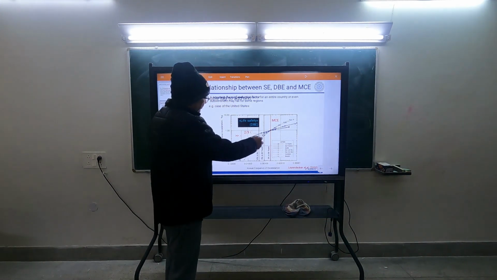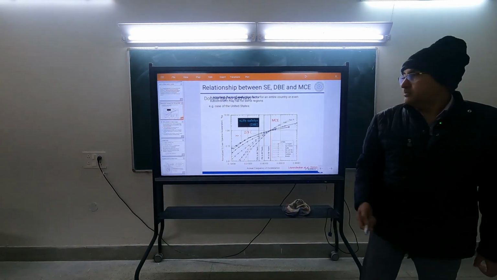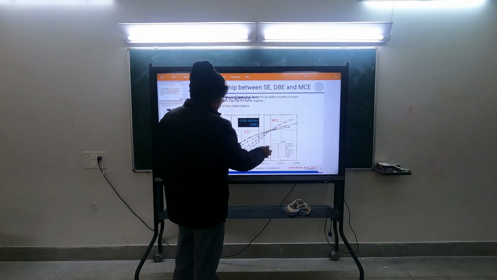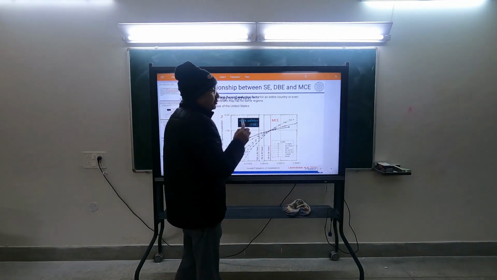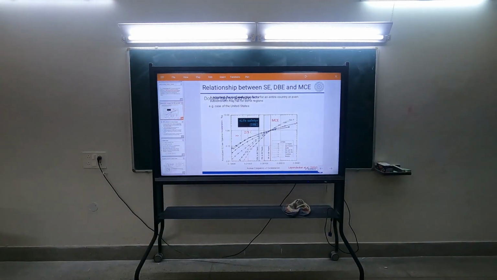You can see that the curves are different for different cities, and these have been normalized with respect to MCE, that means 2% in 50 years, so all the values are the same there.